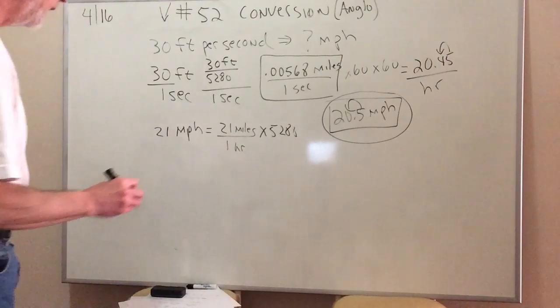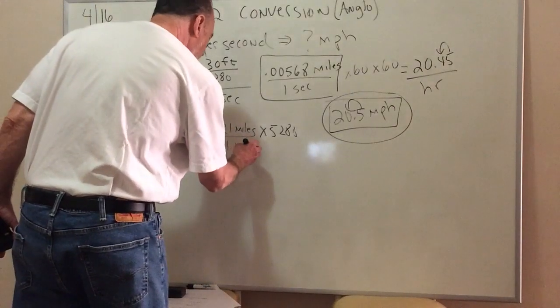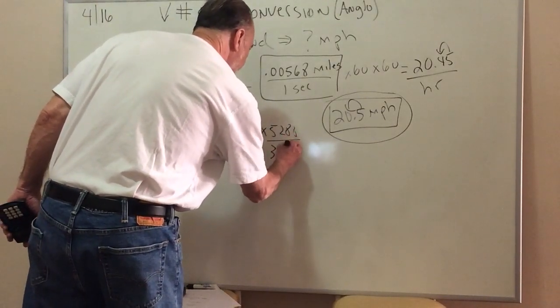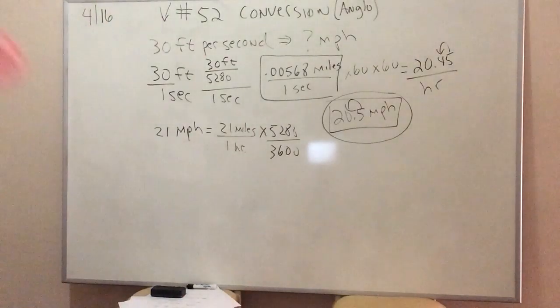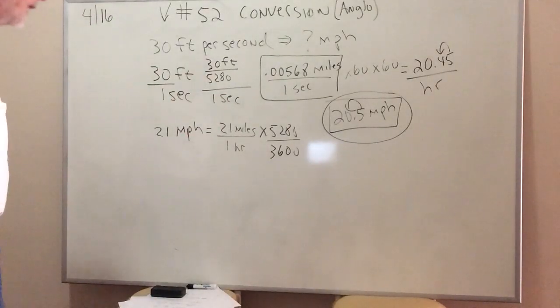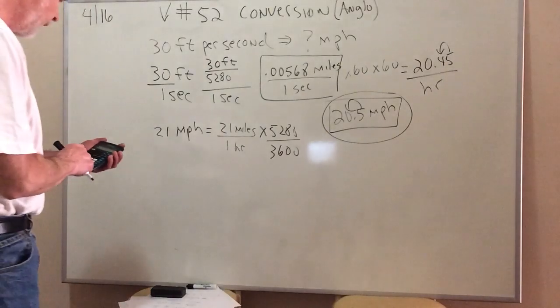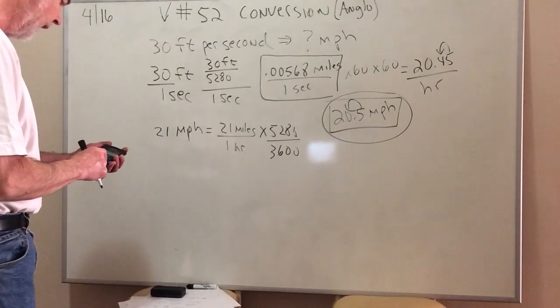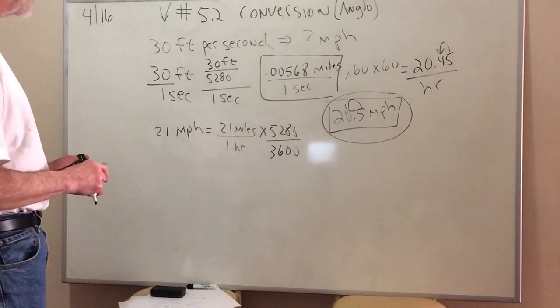Okay? And now, since 1 hour contains 3,600 seconds, as we talked before, 60 times 60, now I want to see what happens when I get this number here. So I'll multiply 21 times 5280, and I'll divide it on the calculator.